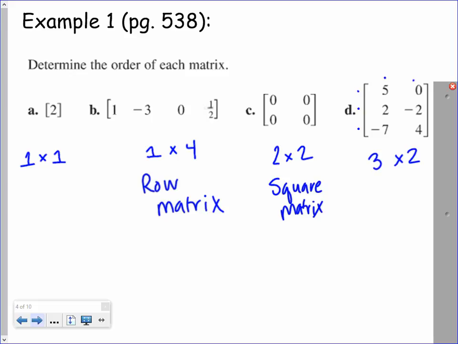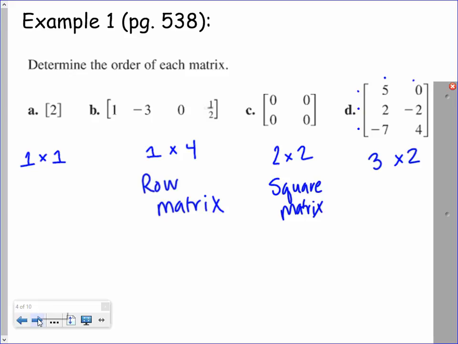Should have said 3 by 2. We okay with this? Yeah. Now, order is going to be really important in another section when we start doing matrix operations, adding, subtracting, multiplying. So keep that in mind that the order is important at some point, and it's always rows by columns.